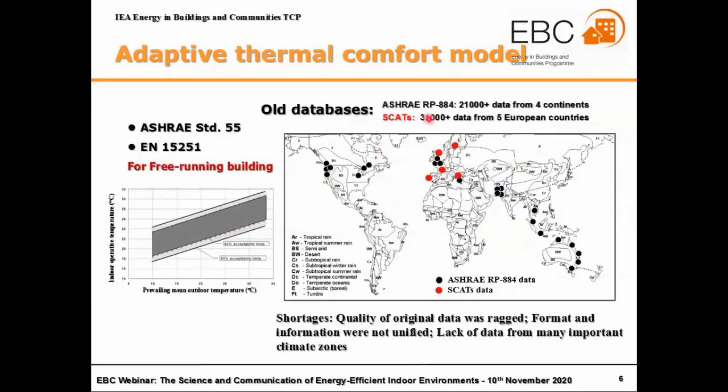One is the RP884, we call the R3 database 1, and the second one is SCATs, a European database. The data in the R3 database is from these countries, and the European SCATs data is from European countries. But you can see there are no data from large Asian countries, Africa, and South and Middle America.